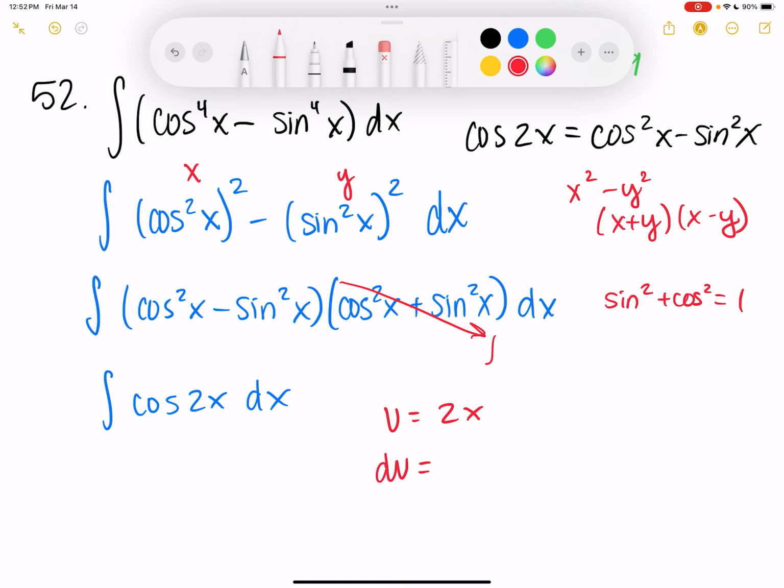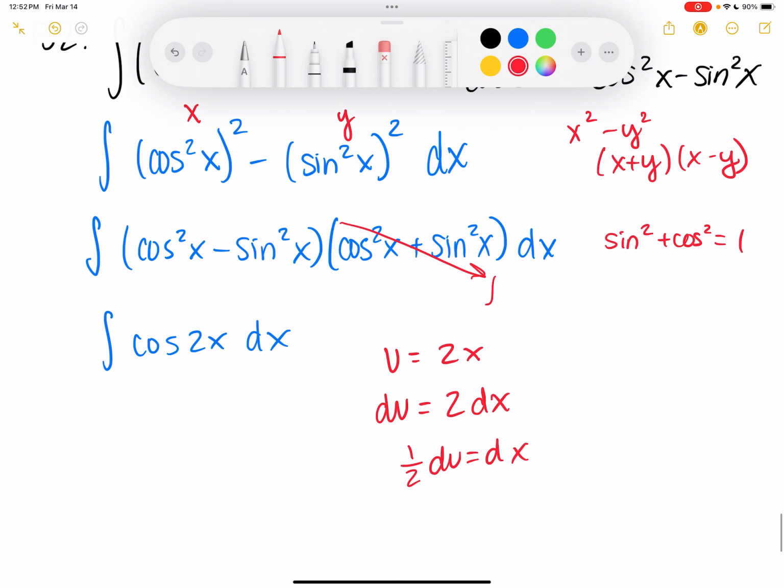du is 2 dx. Divide by 2 because I don't have a 2 in there, so 1/2 du equals dx. So now I have 1/2 times the integral of the cosine of u du. The antiderivative of cosine is sine.